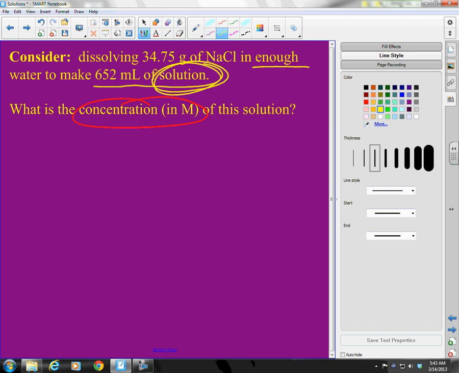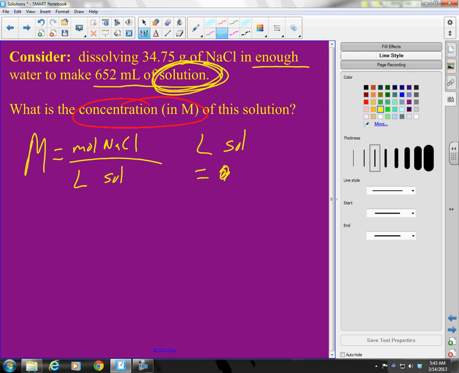Okay, we want molarity. Molarity is moles of sodium chloride, because that's my solute, over liters of solution. Good. What are my liters of solution? They say I have 652 milliliters, but that's not liters of solution. How do I get liters?